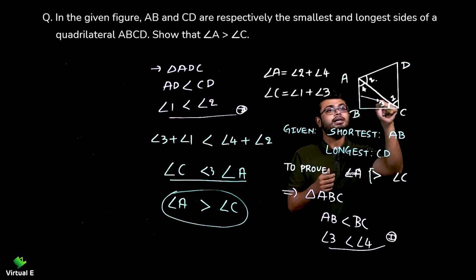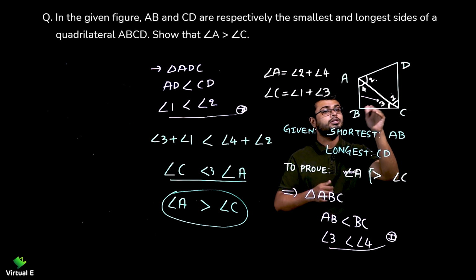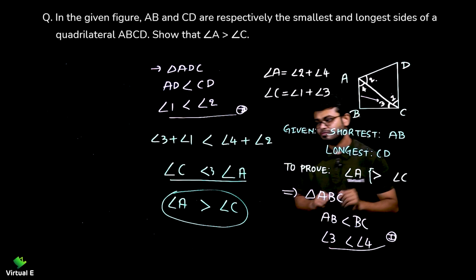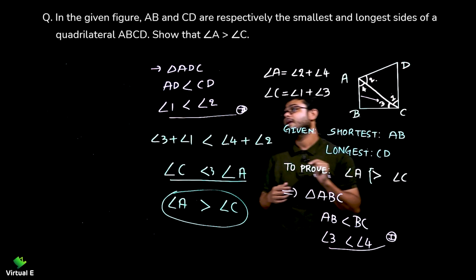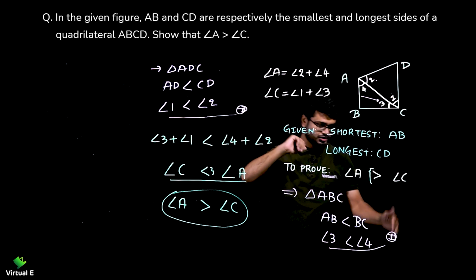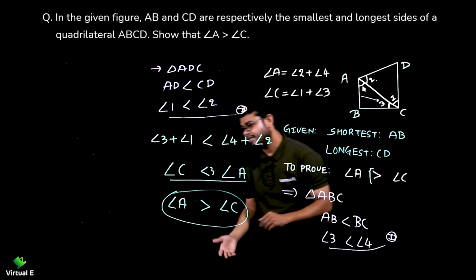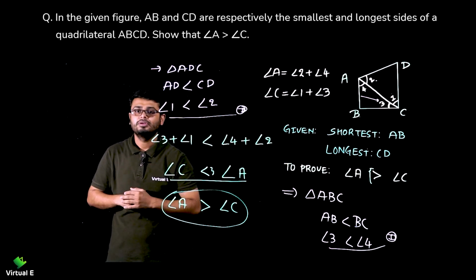Now opposite to side AB is 3, and opposite to side BC is 4. So this is what we have written, and the same we have written for triangle ADC. Now we have two results, result 2 and result 1. Add them up and see which is the greater one. So this is how we prove the result related to the quadrilateral.